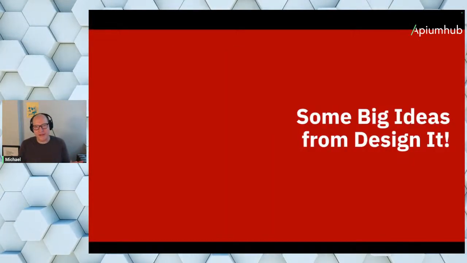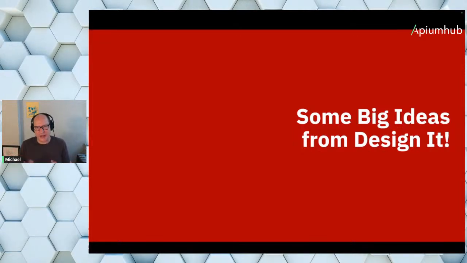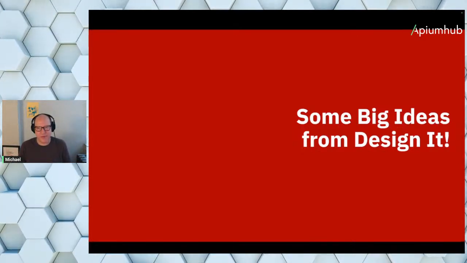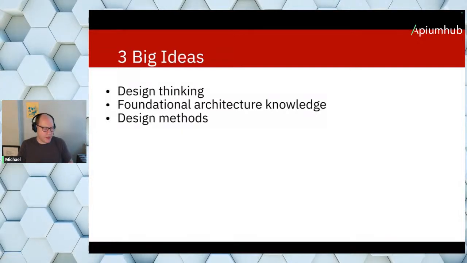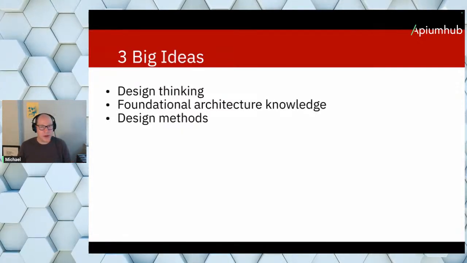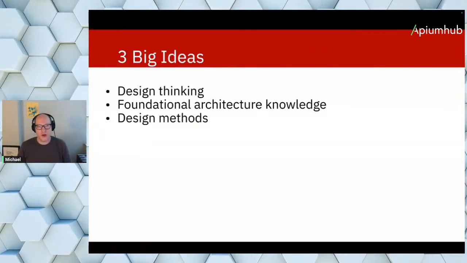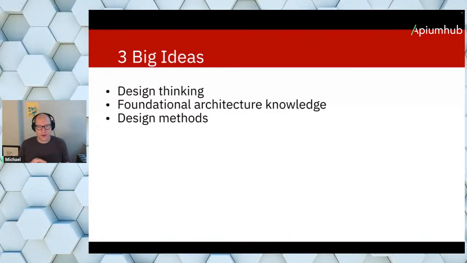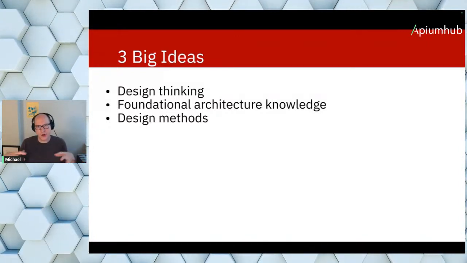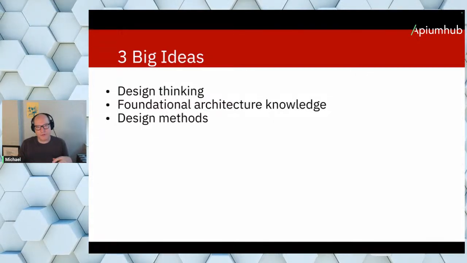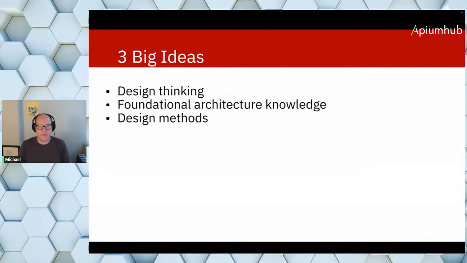All right, so that's all nice. That's the big picture context, but let's actually talk about some of the ideas briefly here. There were really three big things that I wanted to try and get across with the book. Design thinking as a foundation for how to bring architecture into the discussion and keep it going.